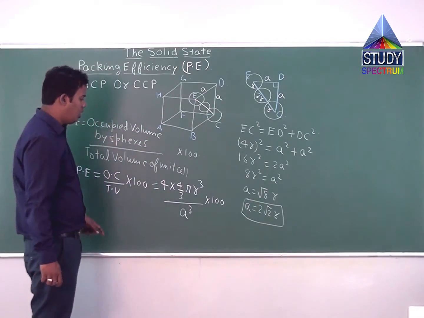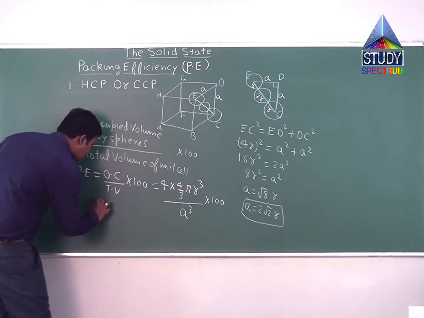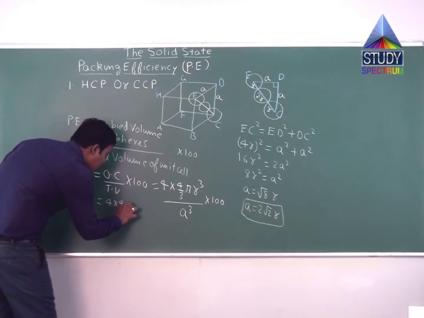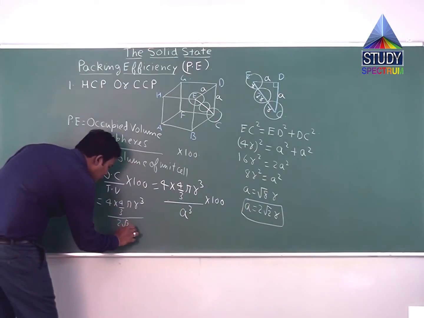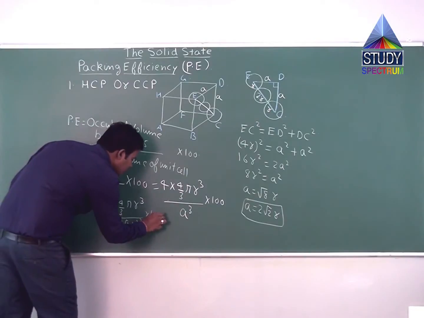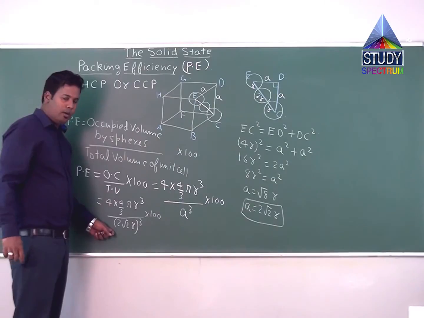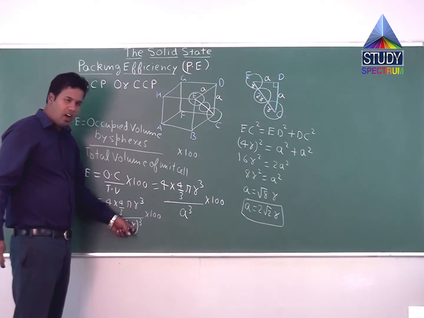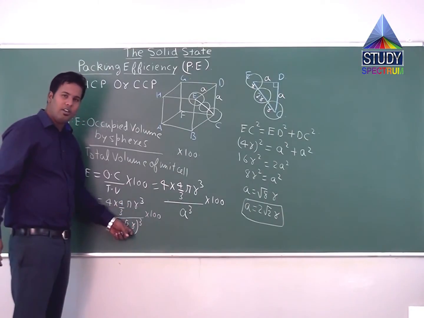If I substitute A as 2 root 2 R over here, this becomes 4 into 4 by 3 pi R cube upon 2 root 2 R cube into 100. Correct? Now if I open this bracket in the denominator, everything will become cube, cube of 2, cube of root 2 and cube of R. We have already a cube of R in the numerator, we will now have in the denominator also.